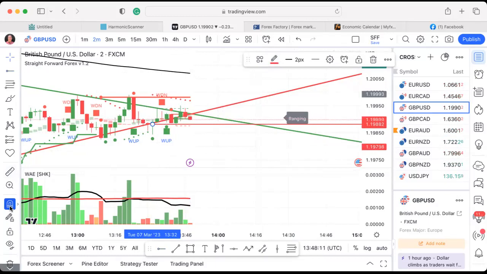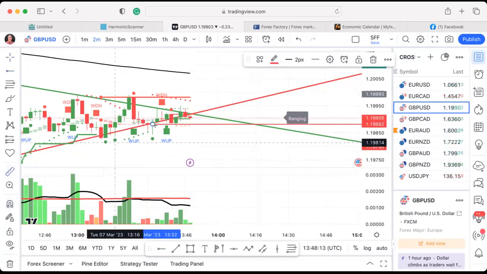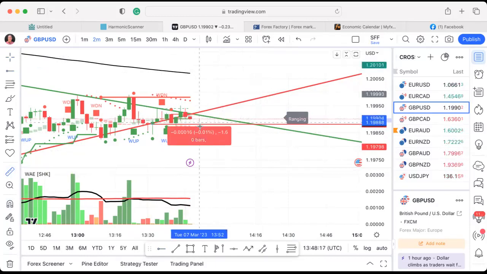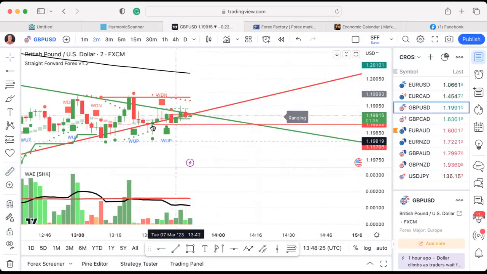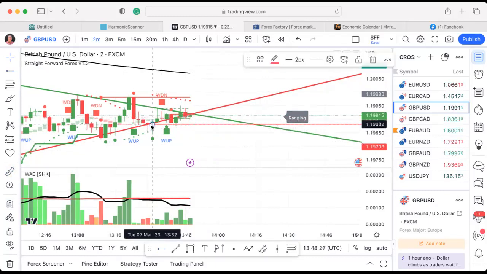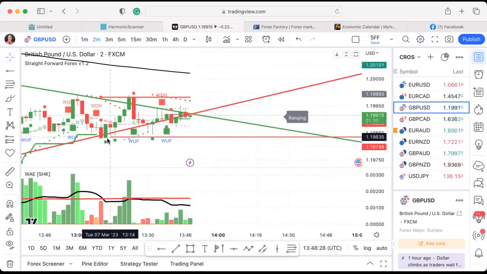If I just measure the number of pips from where price is now, it's probably not sufficient. No, it's only 2 pips. So I need to go down to a lower stop loss. Let's just move it down to this one here.